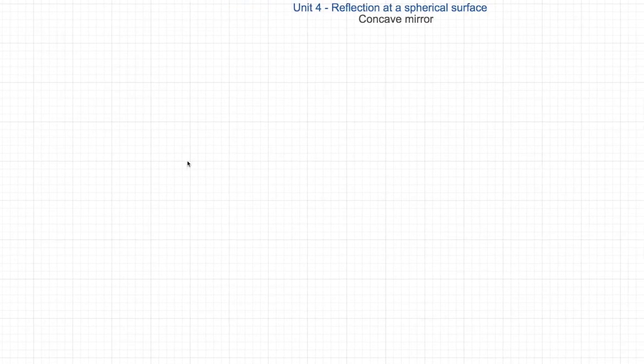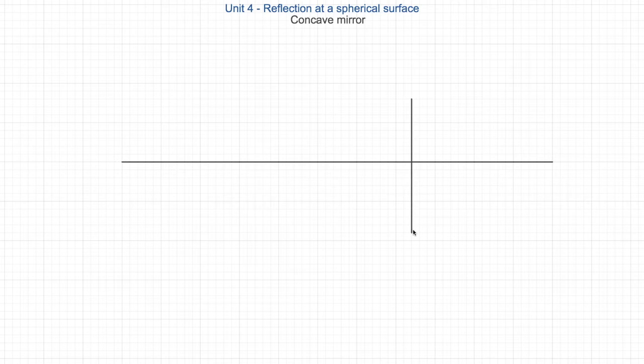So let's see exactly how this works. We're going to construct some objects and images here. Again, I will draw my optical axis, and I'll place my mirror here. It's a curved mirror, but it's much easier to draw a straight line than a curve.